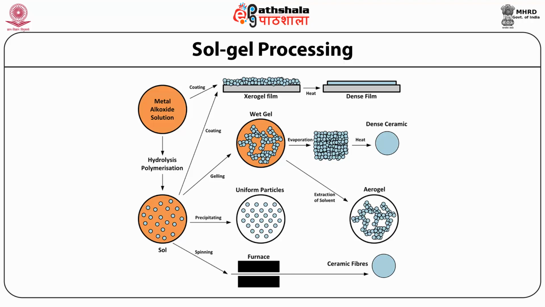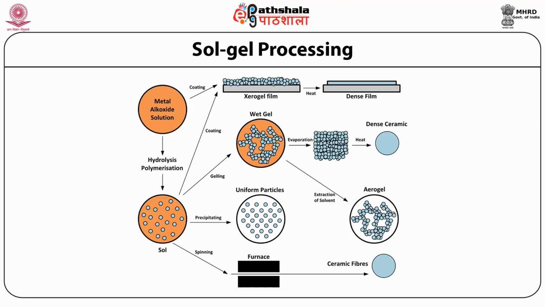The sol-gel approach is a cheap and low temperature technique that allows for fine control of the product's chemical composition. Even small quantities of dopants such as organic dyes and rare earth elements can be introduced in the sol and end up uniformly dispersed in the final product.